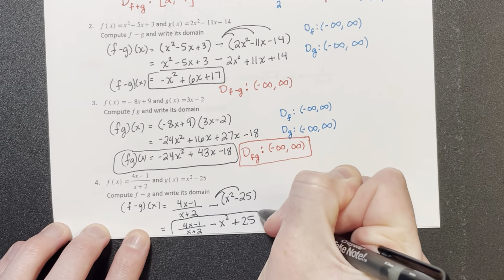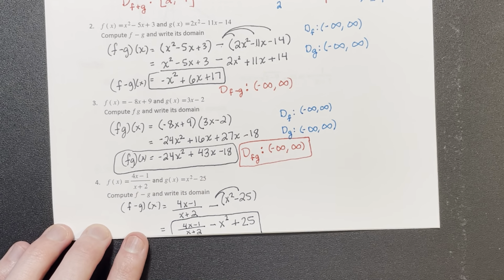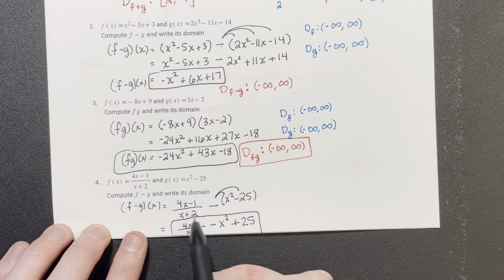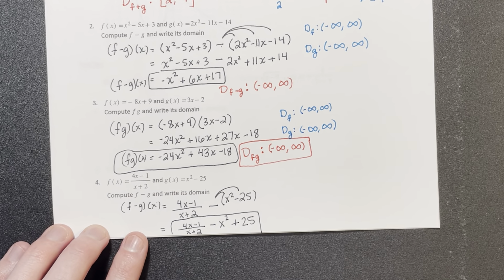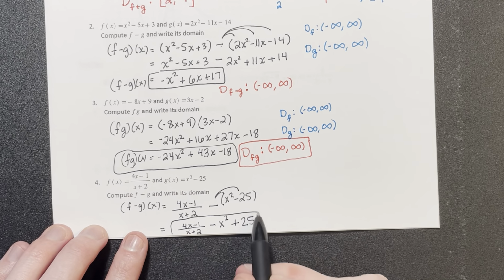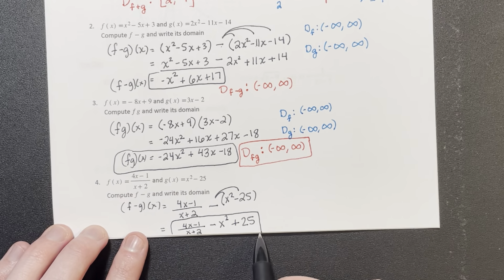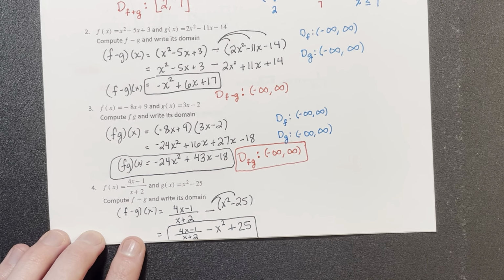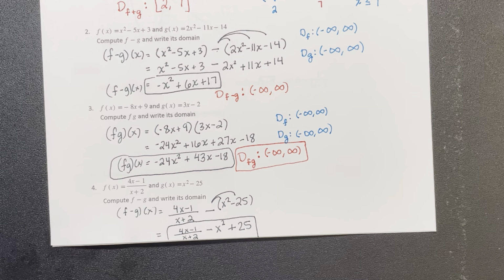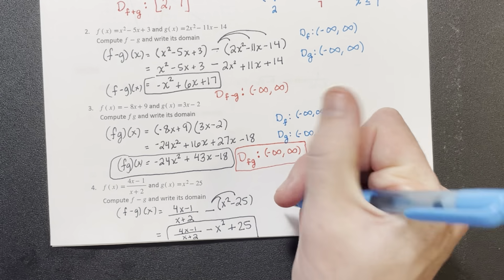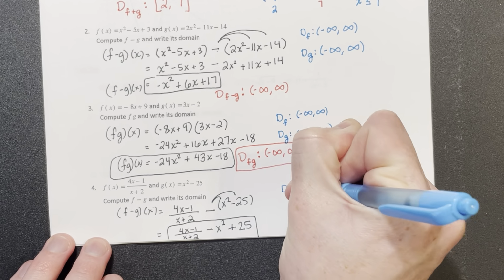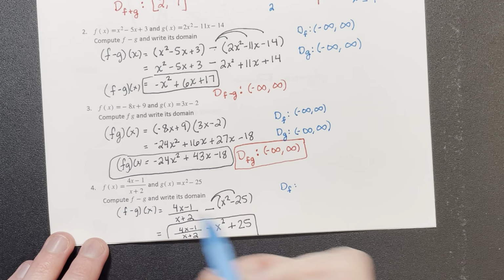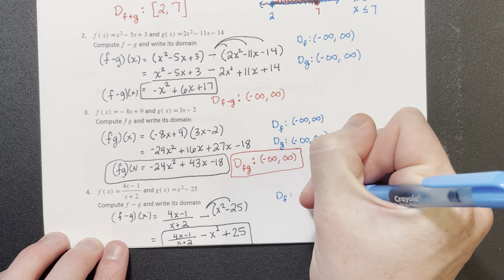We're going to talk about how we combine rational functions, how we add and subtract rational functions, in Module 4. But for right now, we're just focused on looking at what that would subtract to be, and mainly the domain of the function. So here's the important part in this function. The domain of f was rational, which told us the denominator cannot equal 0.